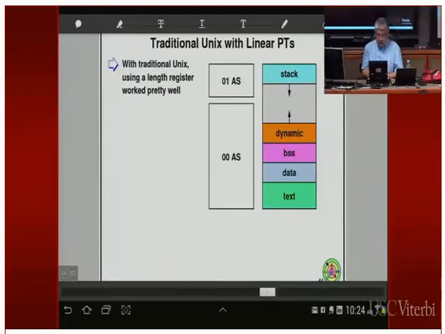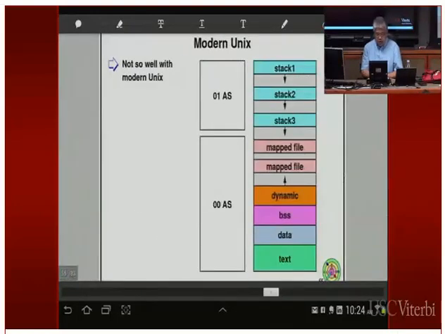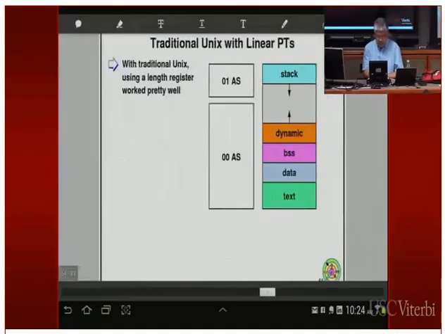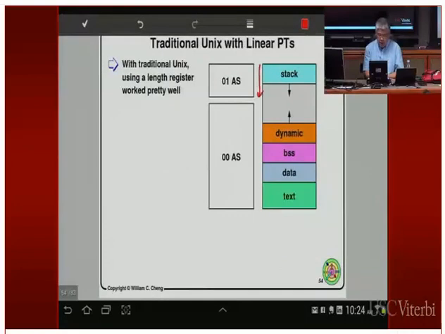All right, and over here, this picture talks about the linear page table, right? Actually, it's this slide. We use the length register to tell you how many of these linear page table entries are being used, so that in the middle you can have a big hole. Okay?